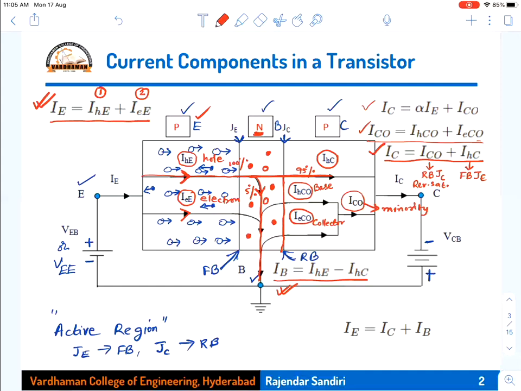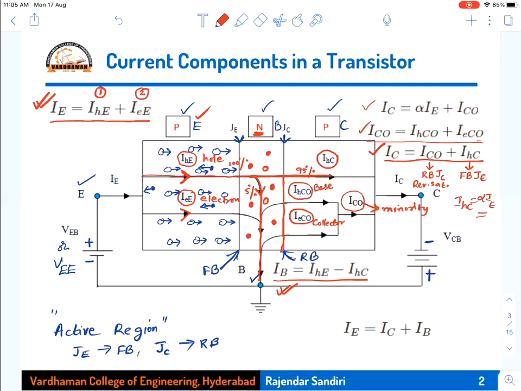The IC naught terms are the same, and IHC is nothing but alpha IE, a fraction of the current coming from the emitter. It is 95%: 100% is coming, so only 95% you get as IHC.